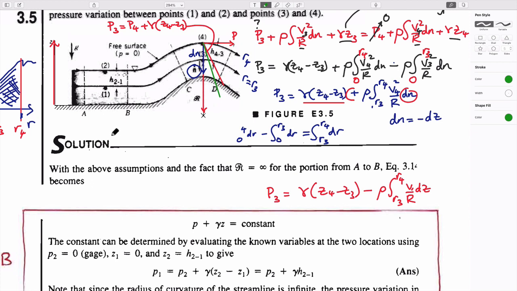I suppose if you could imagine that you have a flow along this direction and it goes, so if you have flow that does this, then in that particular case, the radius of curvature would look like this.